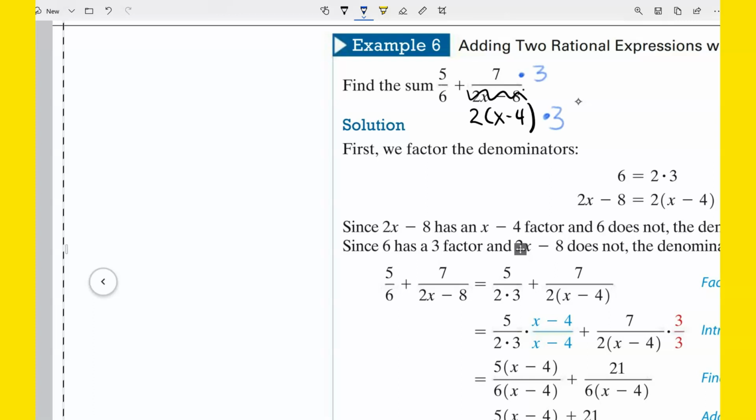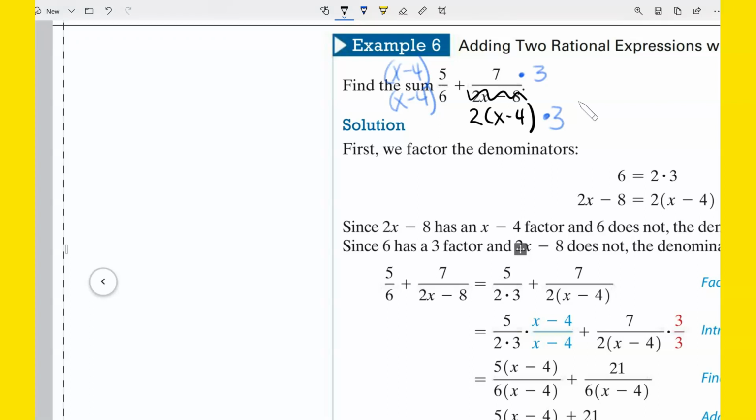The only other thing I need to do, since this right denominator has an x minus 4 in it, is to also give the left denominator an x minus 4 for it to be the same. So now I'm going to distribute on top, but I'm not going to distribute on bottom.